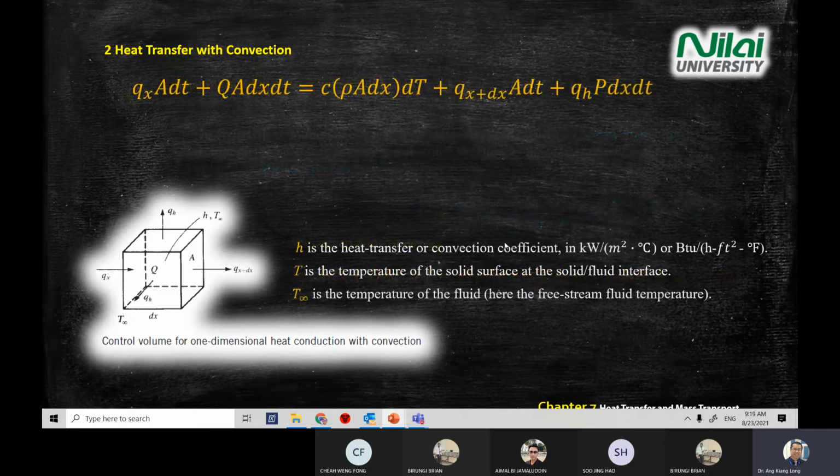All right, now I put the equation on top. So again, if you see QX, all these are conduction. This one is convection.